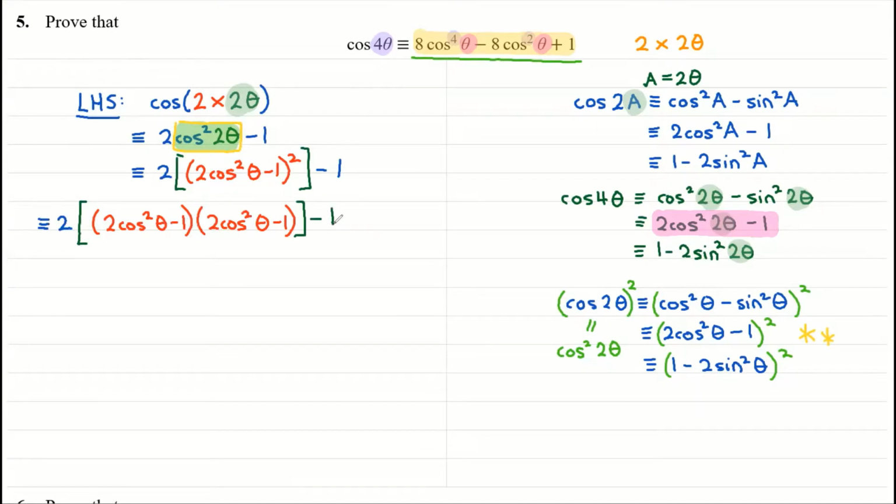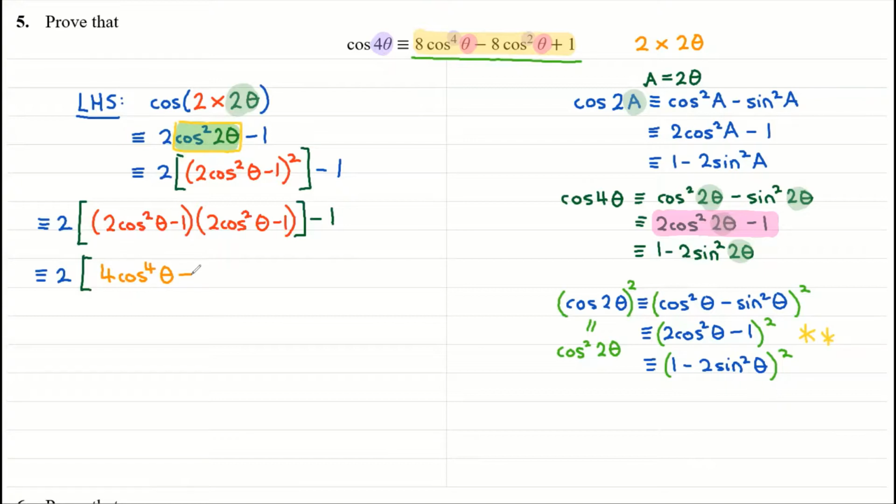Right, now let's tidy up inside the green bracket. So this is going to be 2, big green bracket again, and we'll do this in one step. So we're going to have 4 cos to the power 4 theta. Subtract.